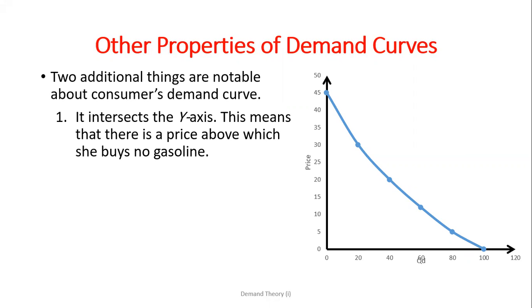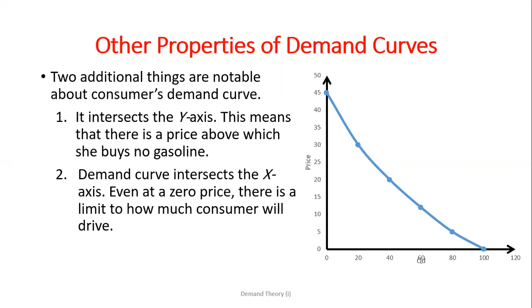Next is that there is a certain value at x-axis which is represented by the intersection on x-axis, which shows that even if the price of this commodity falls to 0, its maximum demand will be 100. Why is the consumer not demanding more than this quantity in our example? Because the consumer also has little or scarce time.